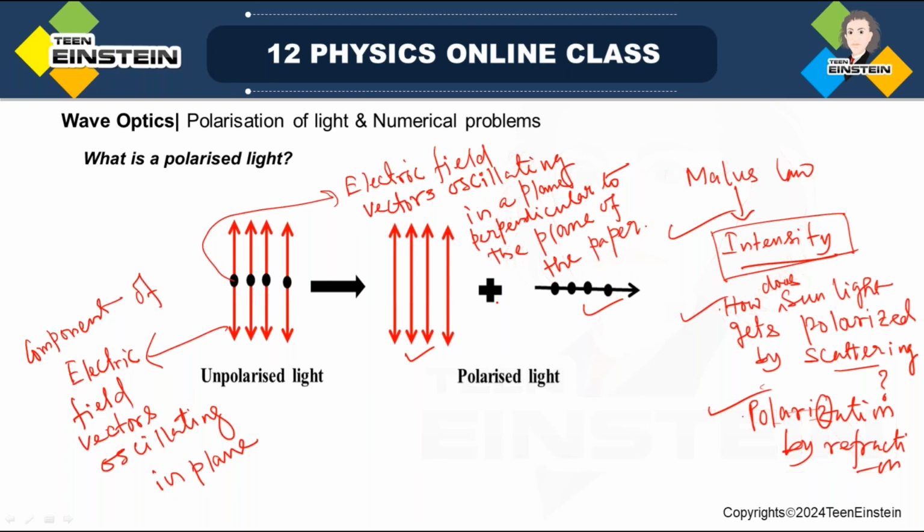Only one type of electric vector will be present in the polarized light. In the case of unpolarized light, both electric vectors will be oscillating.